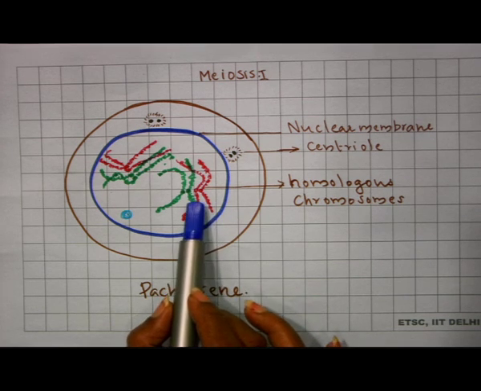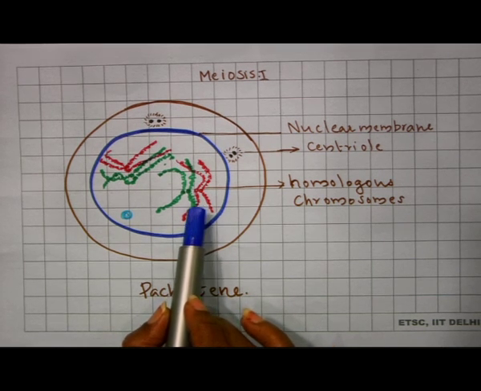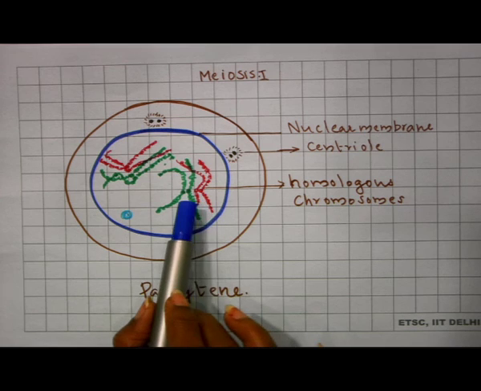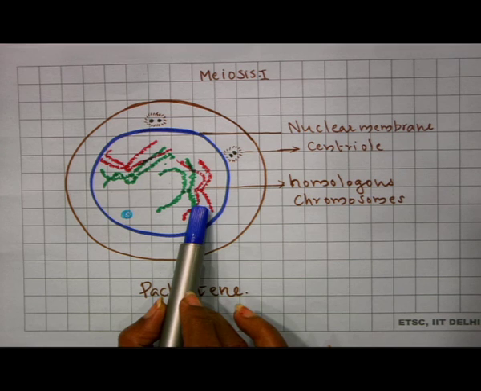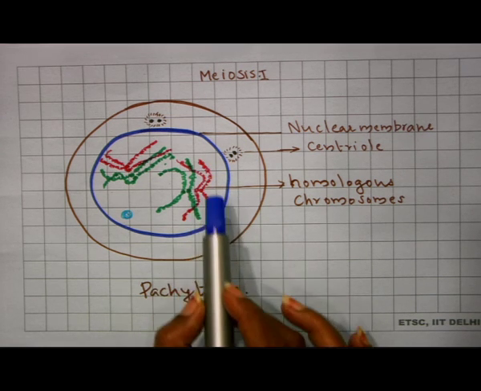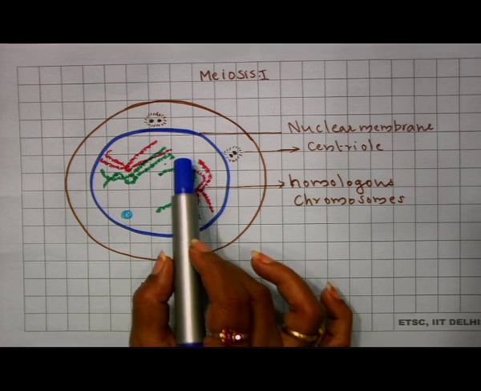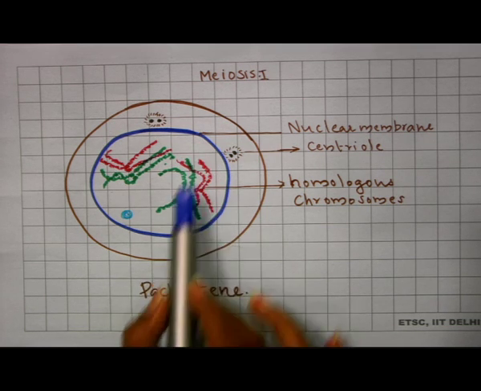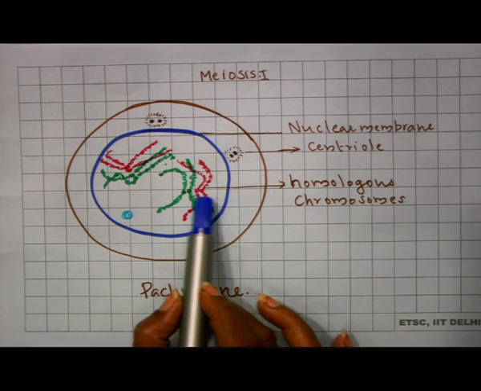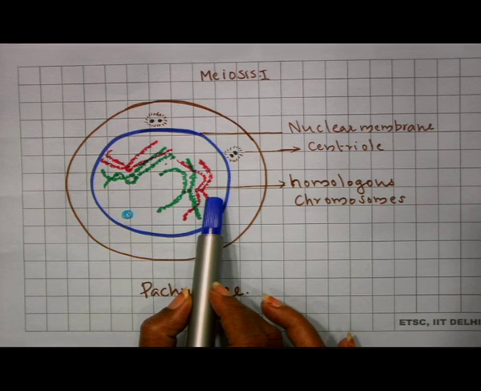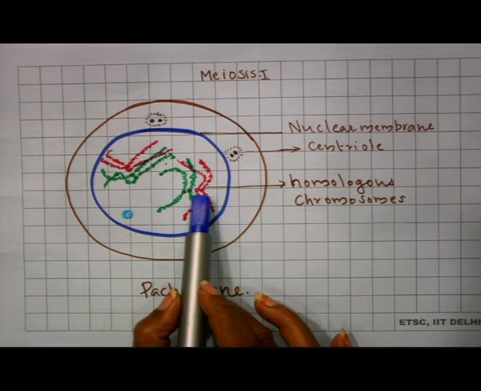Now see what happens here is these chromosomes of this bivalent exchange the segments of their chromatids. See these 2 chromatids, here you can see 2 red chromatids and 2 green chromatids. So the 2 chromatids of a single chromosome, that is known as sister chromatids.